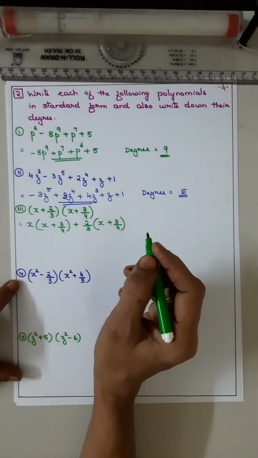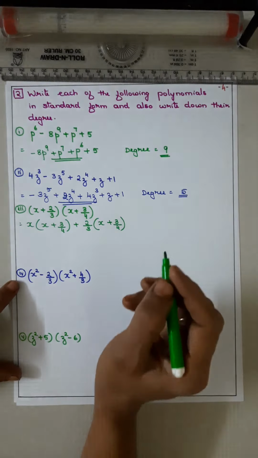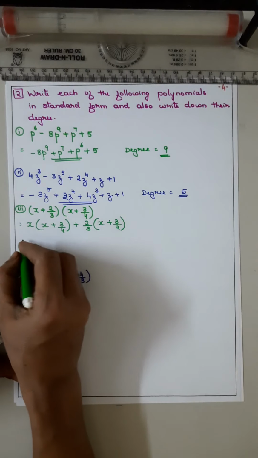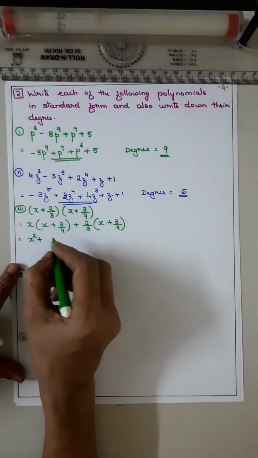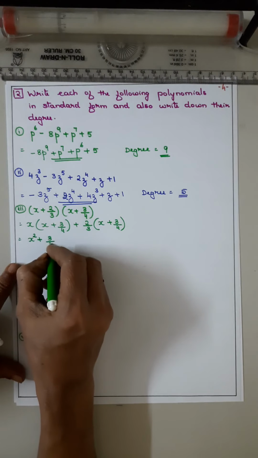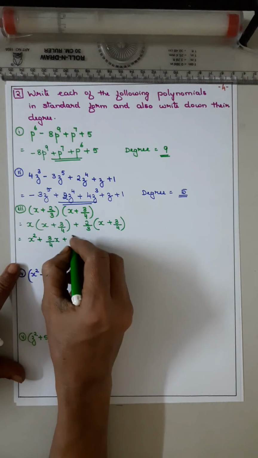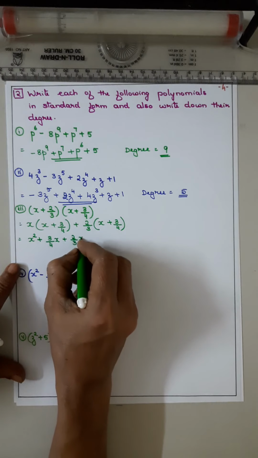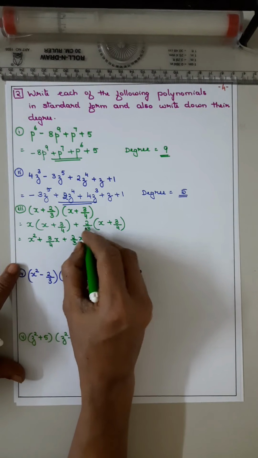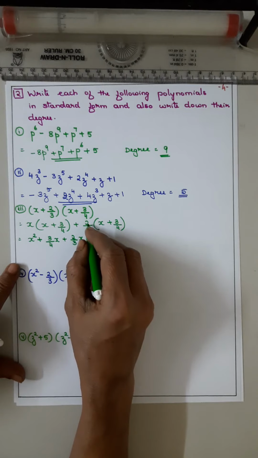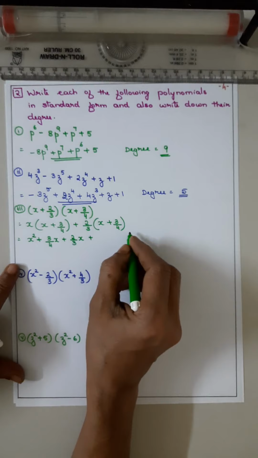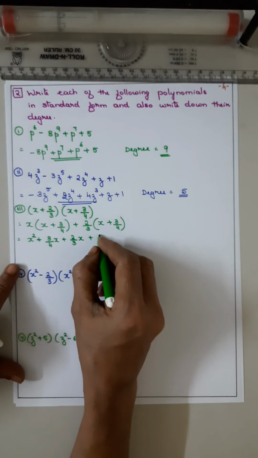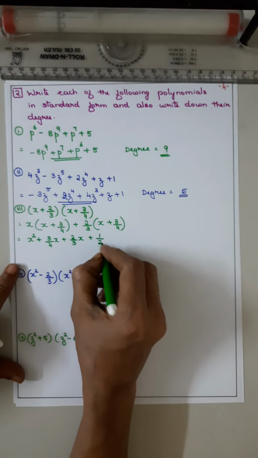You can use the identities also, otherwise like this also you can do. Okay, it is x squared plus 3 by 4 x plus 2 by 3 x plus, 2 gets cancelled, 2 ones are 2, 2 twos are 3 gets cancelled, means 1 by 2.